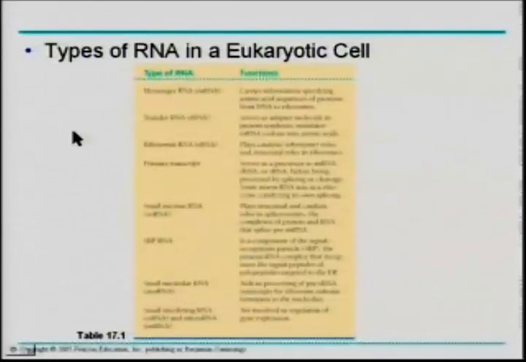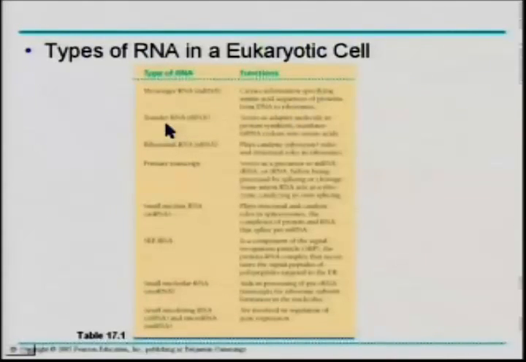So this table is showing us the types of RNA in the eukaryotic cell. This column on the left is the type, and these are the functions here. Let's read our way through this. So messenger RNA, or mRNA, carries information specifying amino acid sequences of proteins from DNA to the ribosomes.